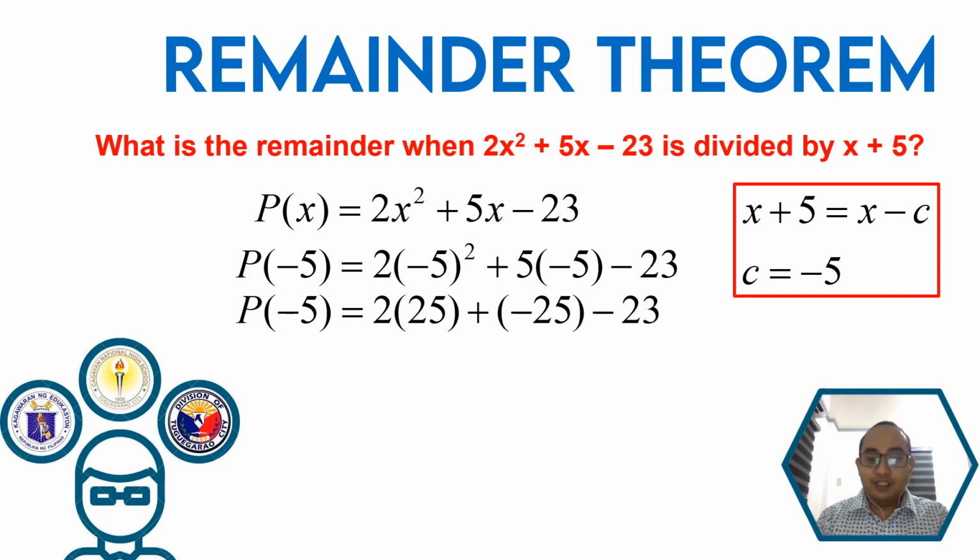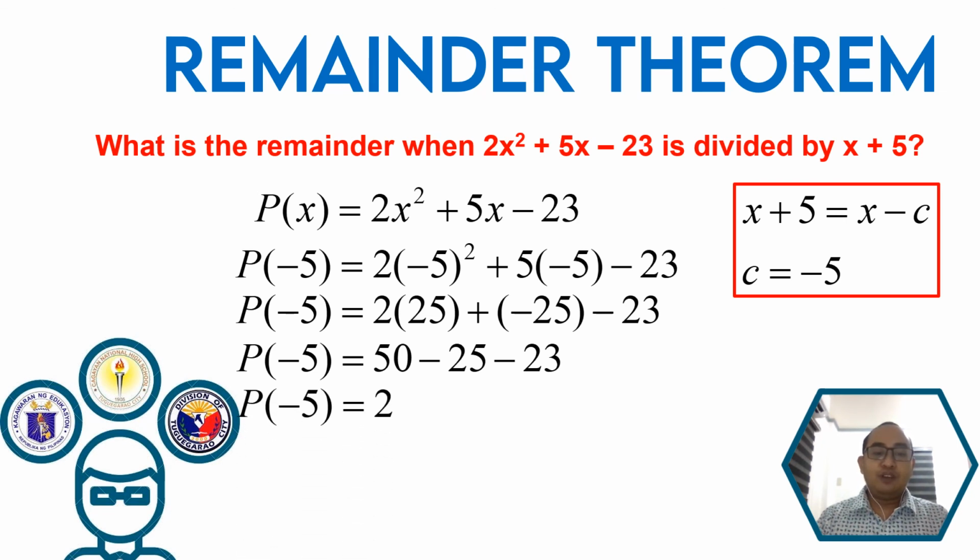Simplifying further, we have 50 minus 25 minus 23, which gives me the value of p of negative 5, which is equal to 2. Therefore, the remainder of 2x squared plus 5x minus 23 when divided by x plus 5 is 2. Again, this is using our remainder theorem.